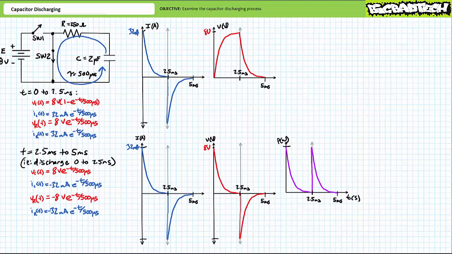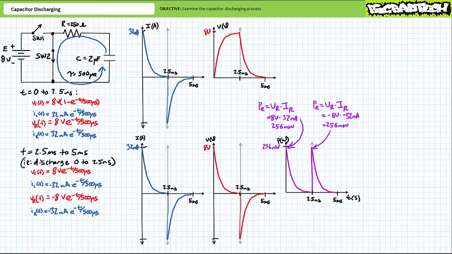Both events, the charge and discharge, result in positive power being dissipated by the resistor. During the charge process, the resistor experiences a burst of positive power as the capacitor charges up. During the discharge process, any energy stored in the capacitor is dissipated by the resistor in another burst of positive power.